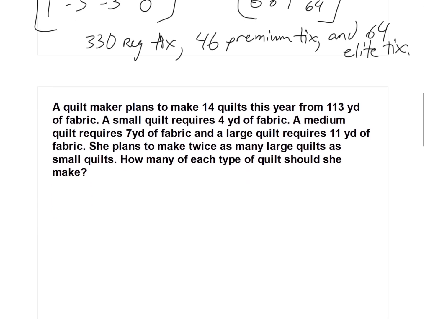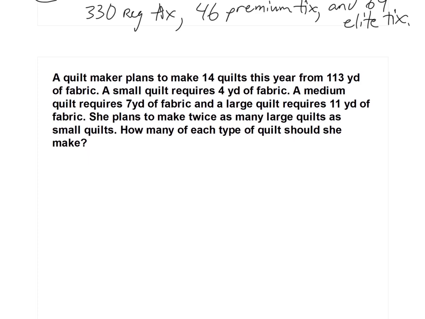Okay, so we got a quilt maker. Makes 14 quilts for the year, has 113 yards. A small quilt requires 4 yards of fabric. A medium quilt requires 7 yards of fabric. A large quilt requires 11 yards of fabric. She plans to make twice as many large quilts as small quilts. This is really similar to the one you just did, except it's not talking about dollars.